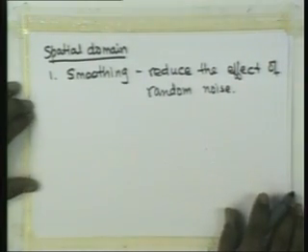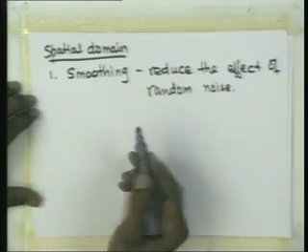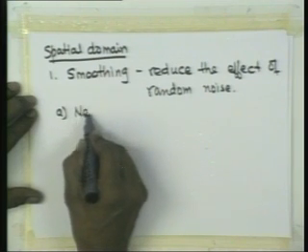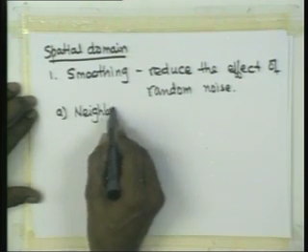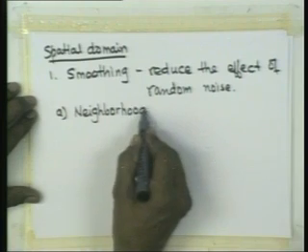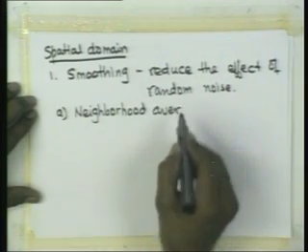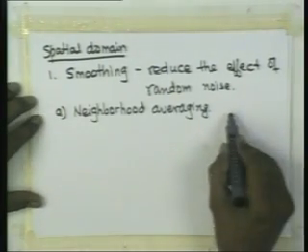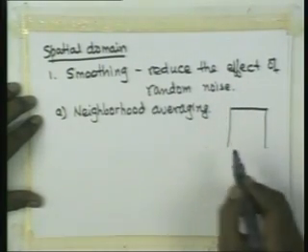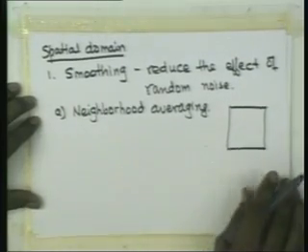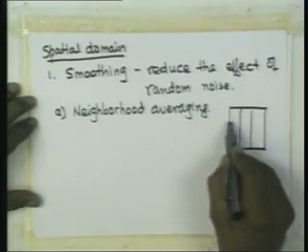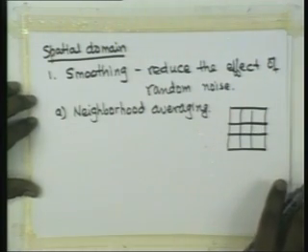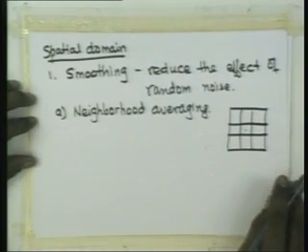Now there are different approaches available here, different masks can be used. So let us look at the first one, which we call neighborhood averaging. Okay, the idea is that you take a template and we want to find out the average intensity in this neighborhood, and say okay, that should be the new intensity for the central pixel.